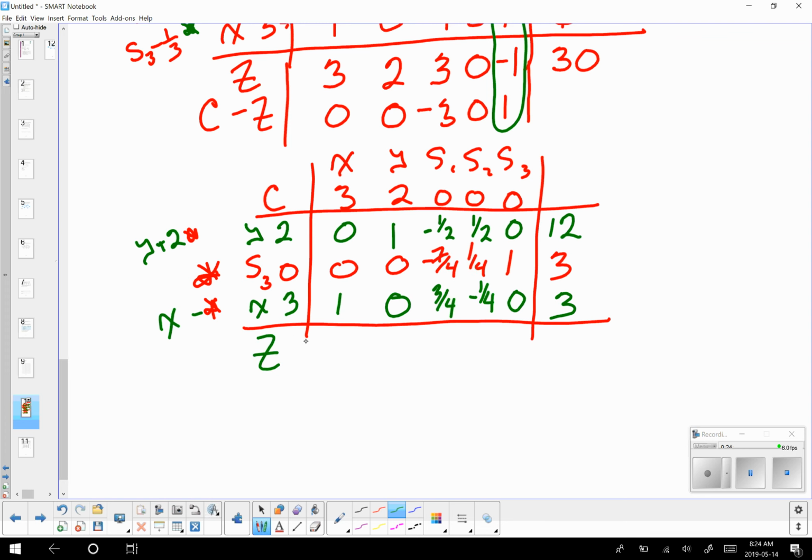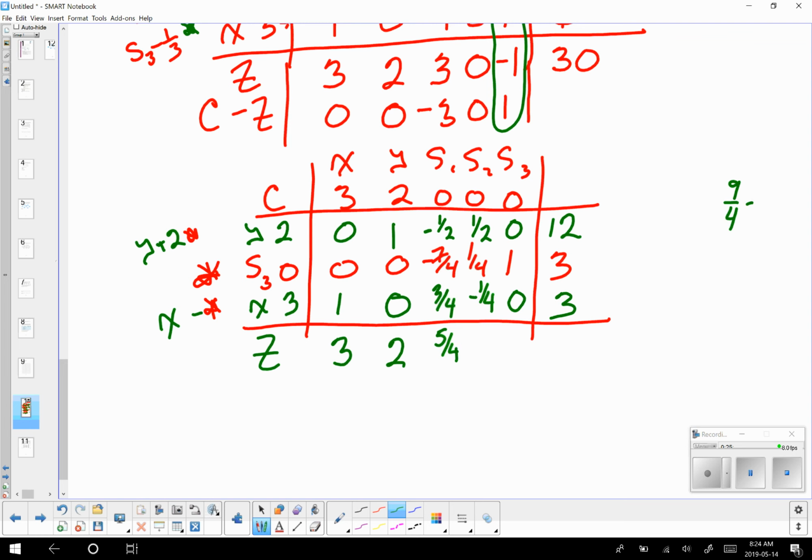So again, we're doing a sum product. 3, 2, minus a half, plus 9 quarters is 5 quarters. So, right, 9 quarters minus 1 is 5/4, yes.